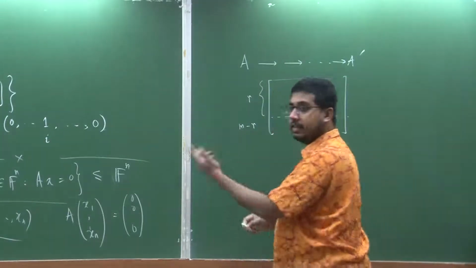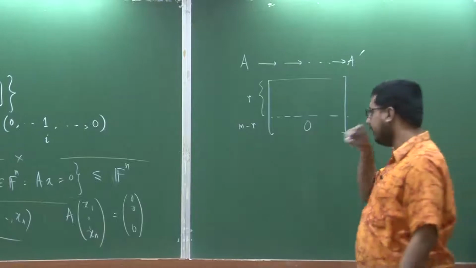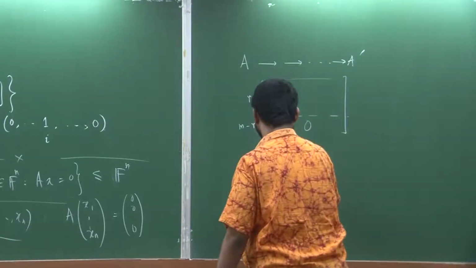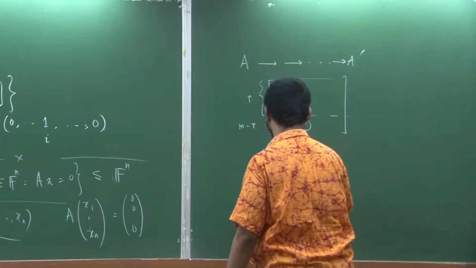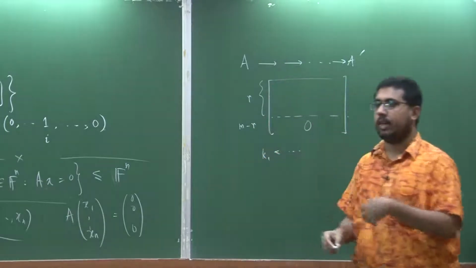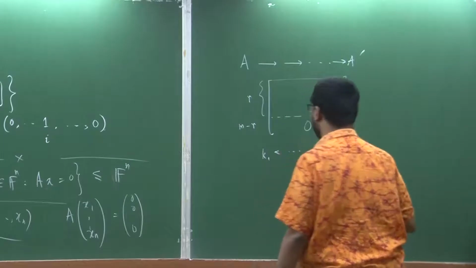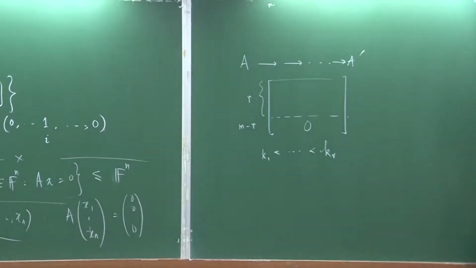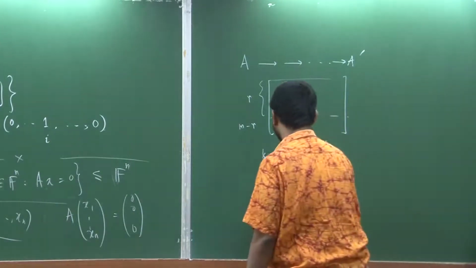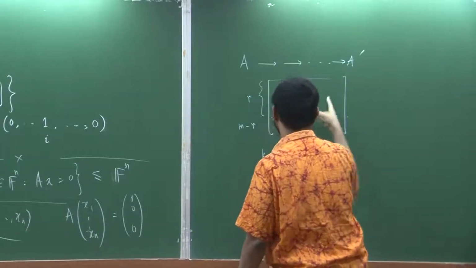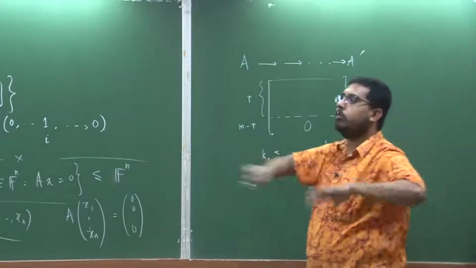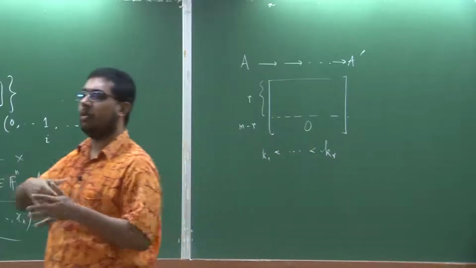Each row will contain a pivot. Let us assume that the pivot of the first row lies in the column k1, the pivot of the second row lies in the column k2, and similarly the pivot of the rth row lies in the column kr. Therefore, the set of n variables is now divided into two groups.